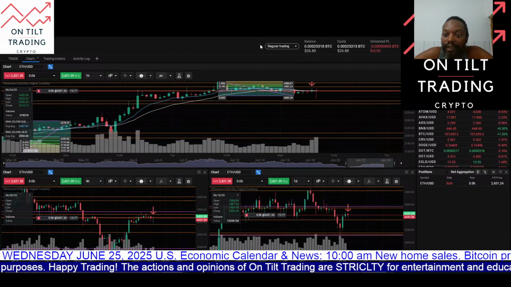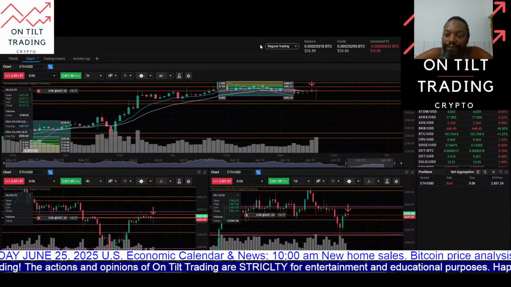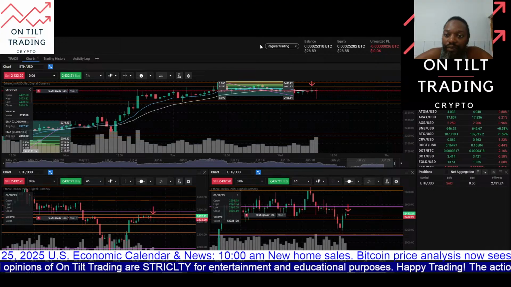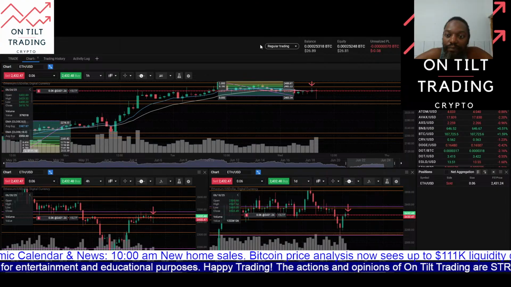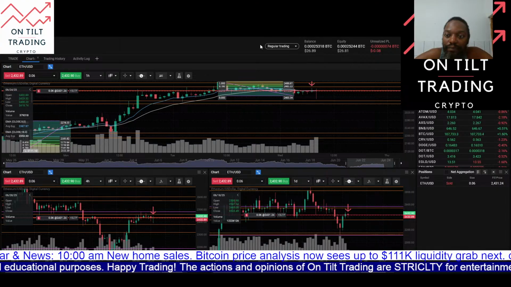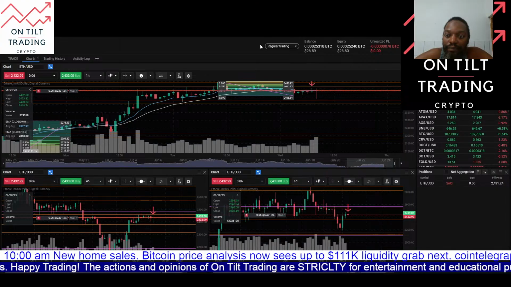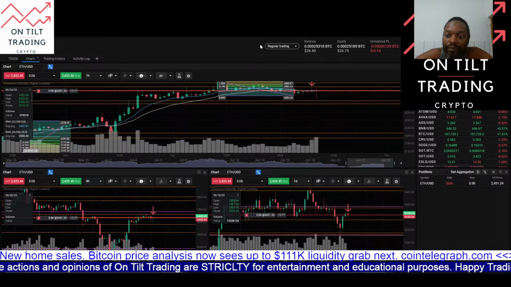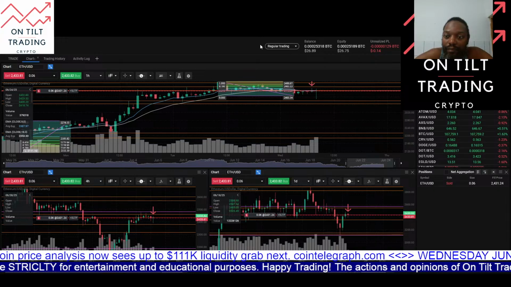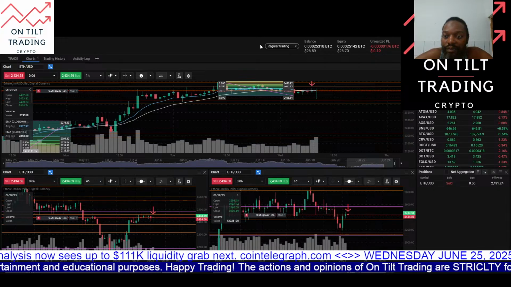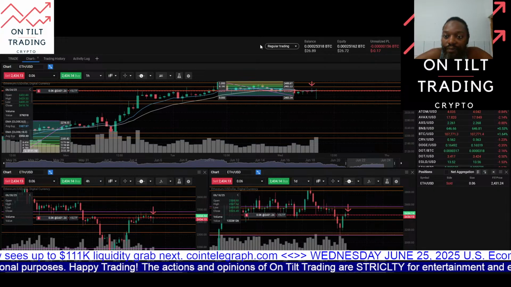Ethereum now consolidating around my entry point, 24.31, 24.32. Getting some buy side delivery here at 24.34.